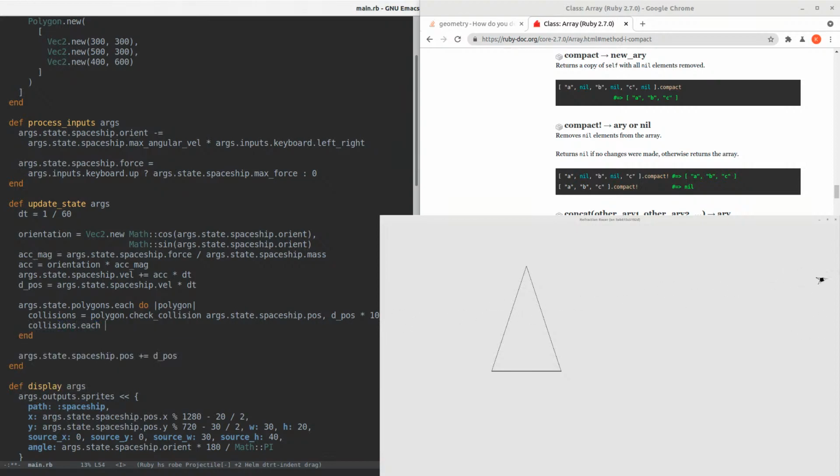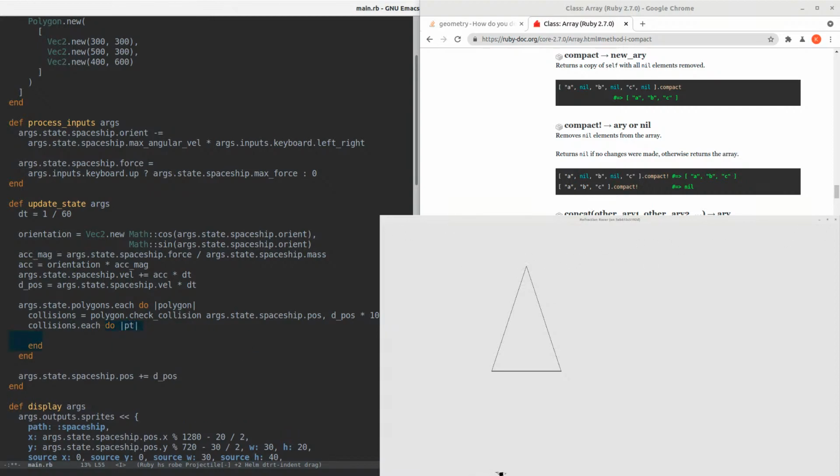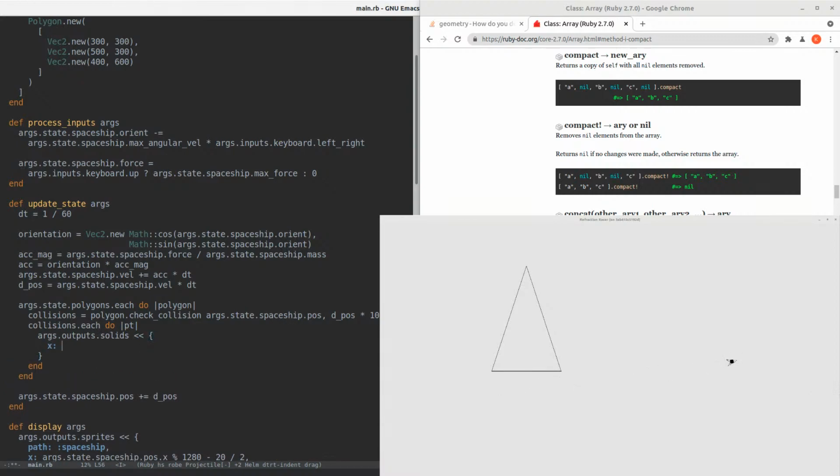Collisions dot each do point, and args dot outputs dot solids. We'll do point dot x minus 3, point dot y minus 3, and we'll have a width and a height of 6 each. And we'll just set this red to be 255.